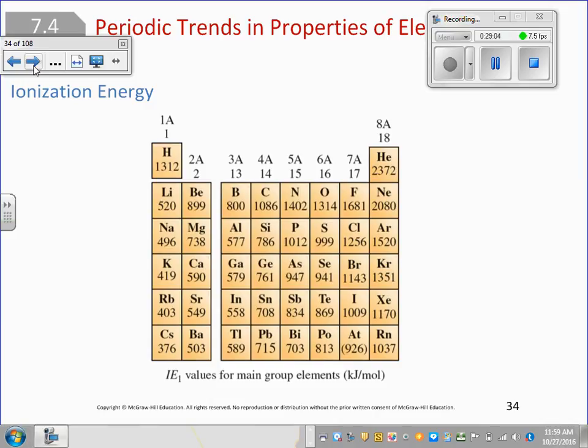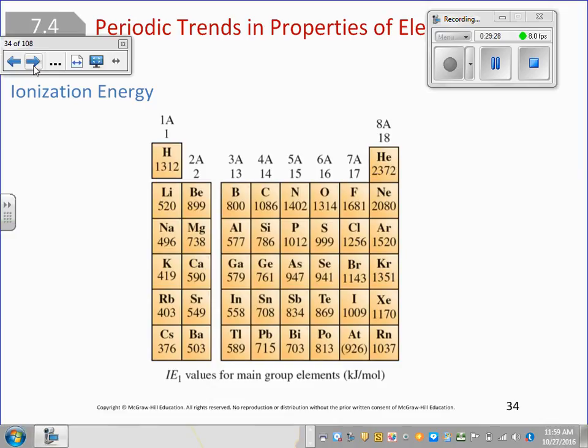So for boron, how many electrons? For beryllium, how many electrons? 4. So 1s2, 2s2. Okay? For beryllium.